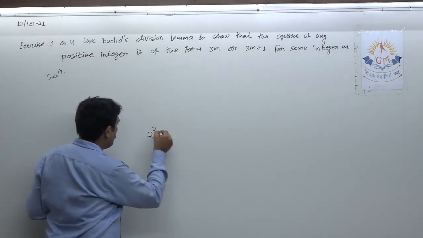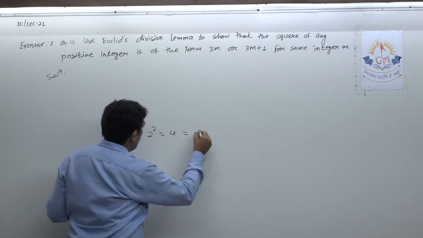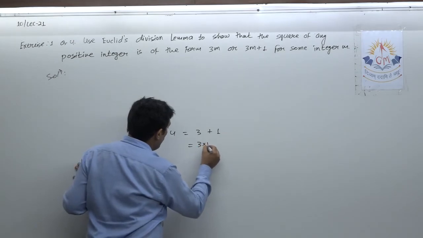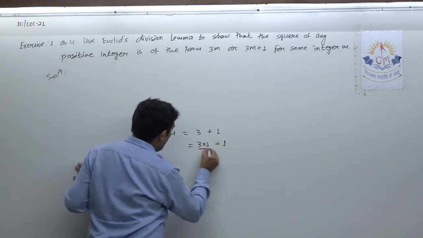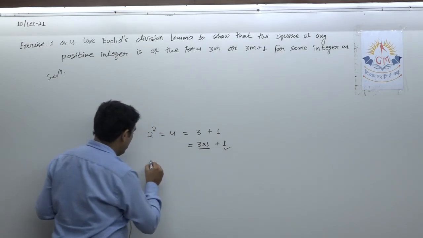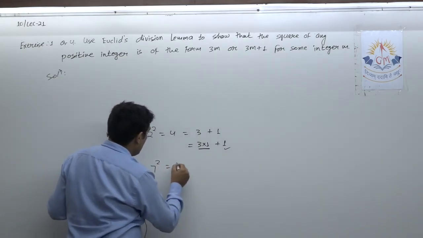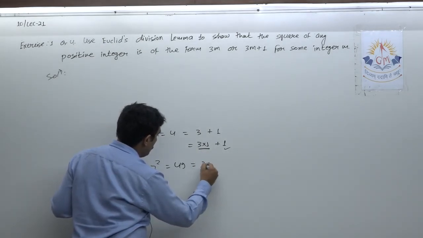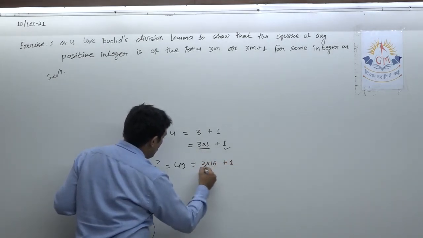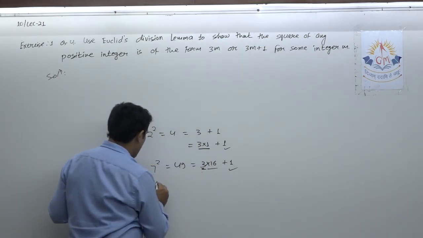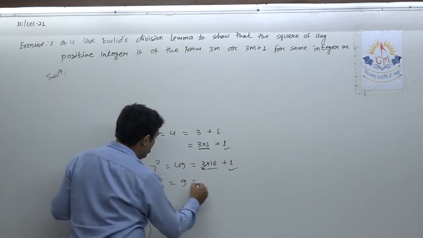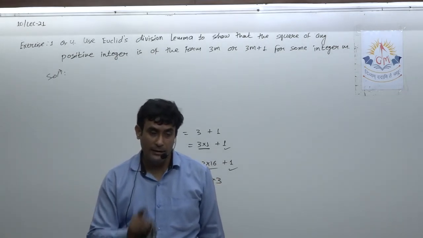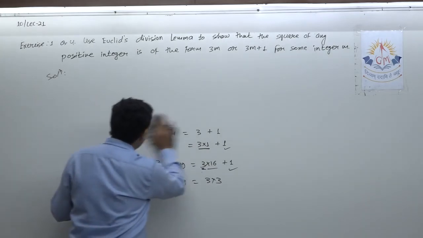Suppose I take the number 2, 2 square is 4, so 4 can be written as 3 into 1 plus 1. That means multiple of 3 plus 1. If I take 7, then it is 49, that is 3 into 16 plus 1. It is a multiple of 3 exceeding by 1. Or if I take 3 square, that is 9, that is an exact multiple of 3, isn't it? The square of any positive integer is either an exact multiple of 3 or it exceeds the multiple of 3 by 1.